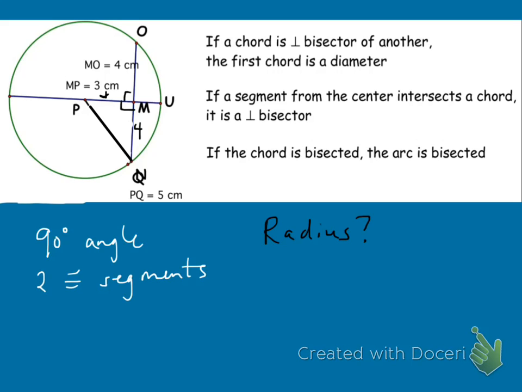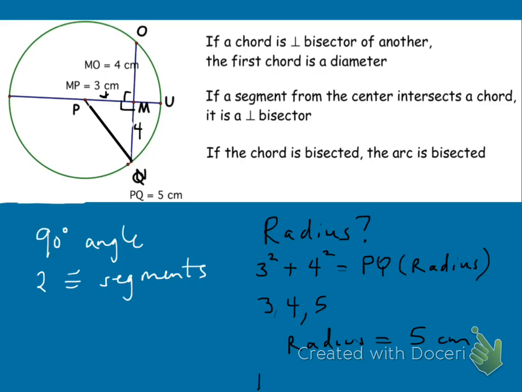So you could use Pythagorean theorem, 3 squared plus 4 squared to equal PQ squared, and that would be your radius. And hopefully some of you learned that that special right triangle is always 3, 4, 5. So then the radius is equal to 5 centimeters.